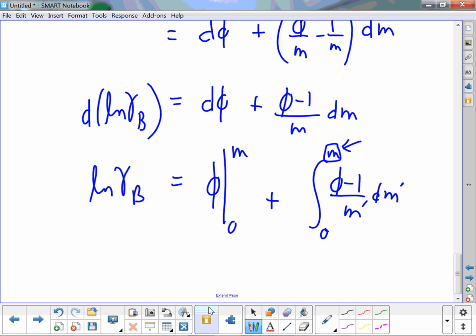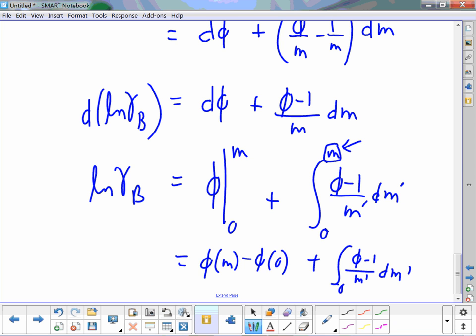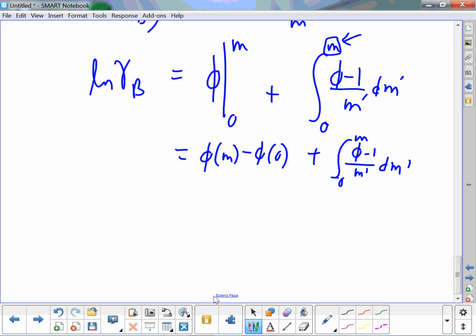Alright, so what happens here? What's phi? This is going to be phi at m minus phi at 0, right? Plus this integral right here, phi minus 1 over m prime dm prime from 0 to m. What is phi at 0? Phi at 0 molality means pure solvent, right? Pure A. What's the osmotic coefficient for pure A?